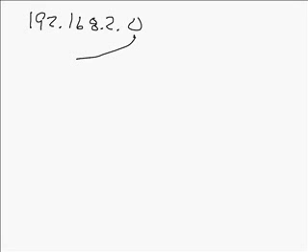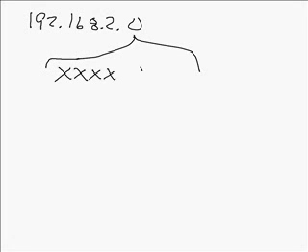So we end up with this form, right? To start this problem, 192.168.2.0, and we know that this was the host portion we were originally given, which is 8 bits. And we know that we borrowed 3 bits to make this work.